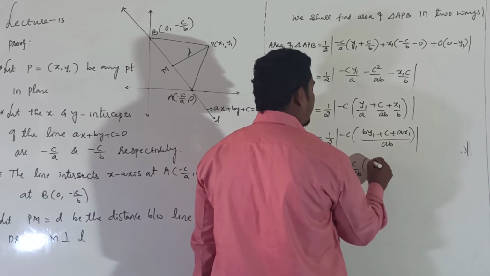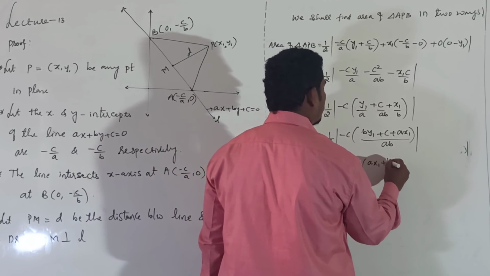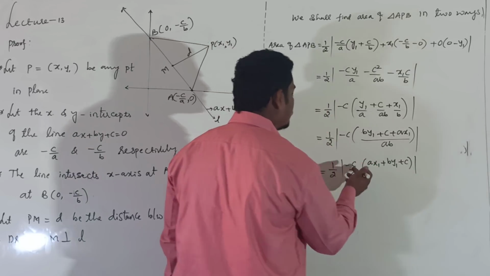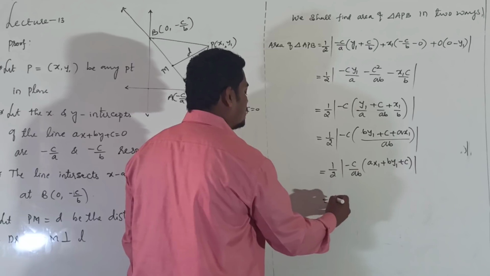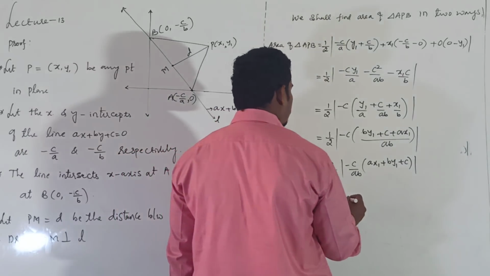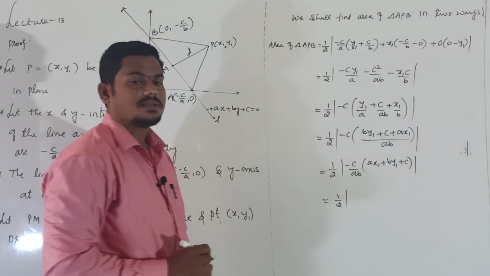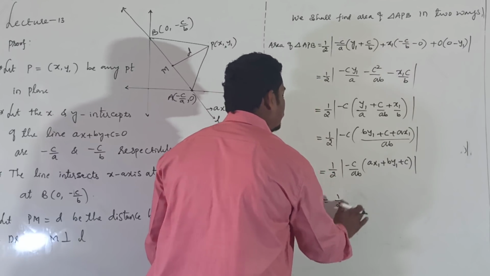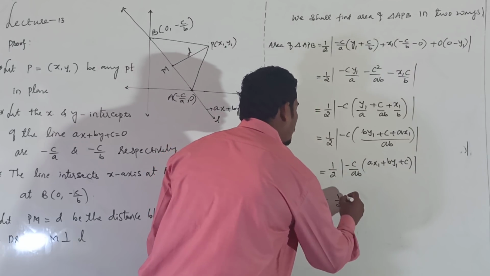Just rewrite it. It will be AX1 plus BY1 plus C under modulus sign. Modulus of negative value is positive only. So 1 by 2 times C divided by, take it outside the modulus sign.